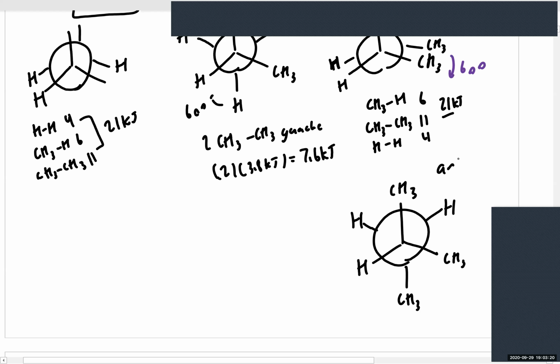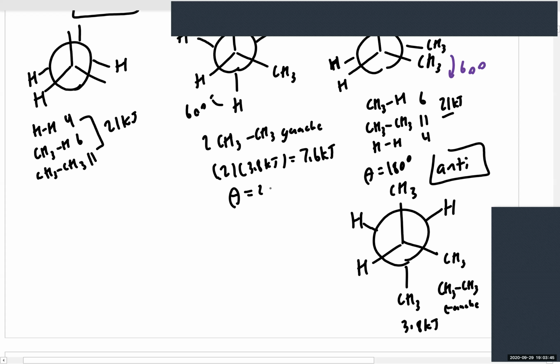So this is our anti-conformation. And in this case, we only have a methyl-methyl gauche interaction, which costs us 3.8 kilojoules. So this anti-conformation, where we have 180 degrees between our bulky substituents, is our lowest energy conformation.